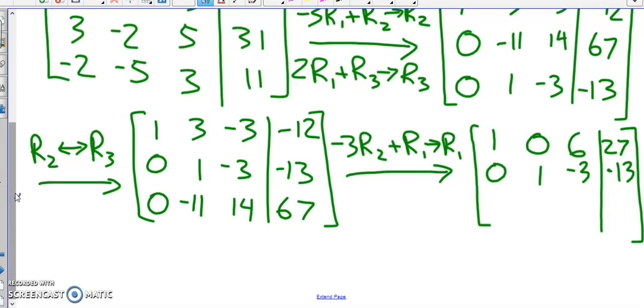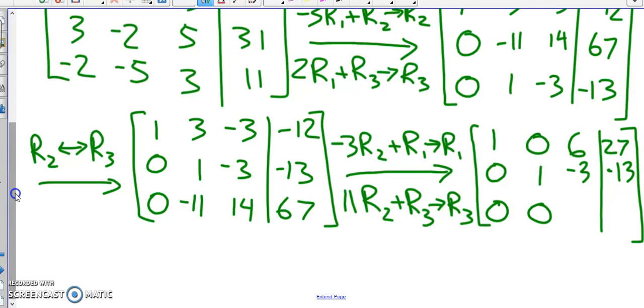Okay. So now what? All right, so how would I get that? Yeah, 11 times row 2 plus row 3 into row 3. Because that'll get the negative 11 to be a 0. This is going to stay a 0.